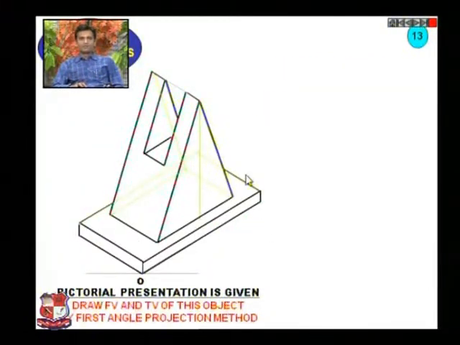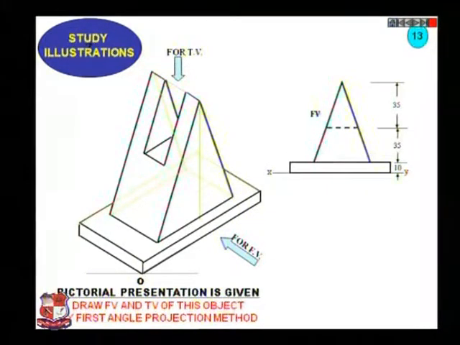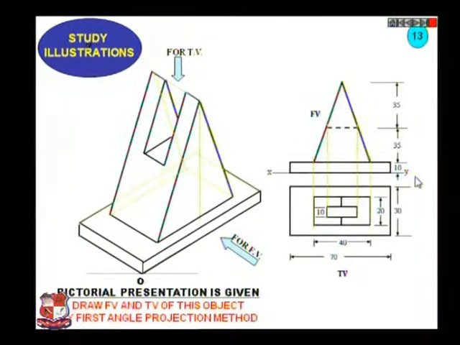Now one more problem, study illustration. This is the object which is given to us and we have to draw its three views: front view, top view and side view. If you look from the front, this object would appear like this. Height is 35, 35 and 10, which is given in the case along the XY line, and its top view would appear like this.